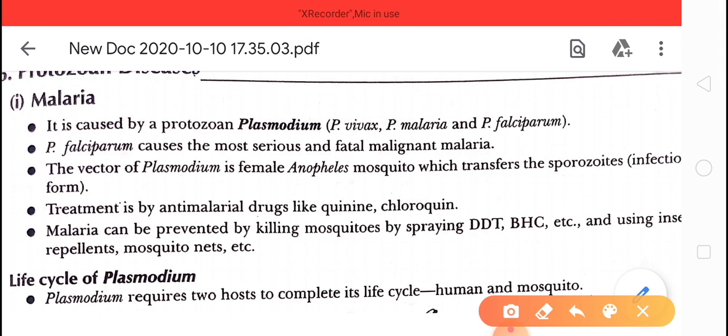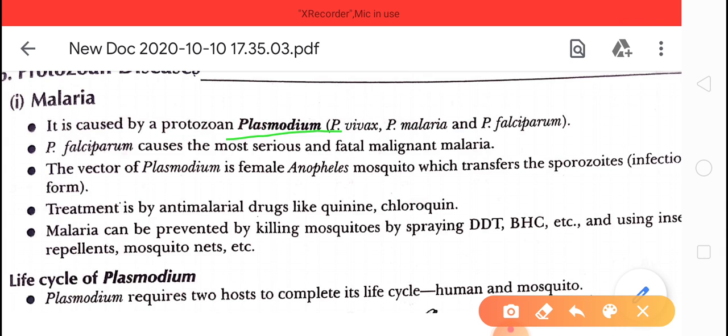So children, malaria is a very serious, dangerous disease that is caused by Plasmodium. Okay, the name of the causal organism of malaria is Plasmodium. It is a pathogen.